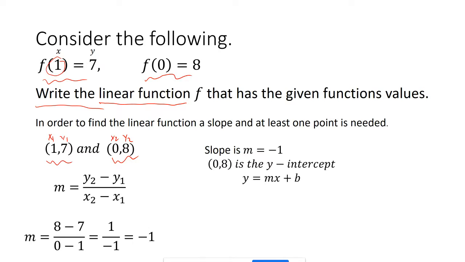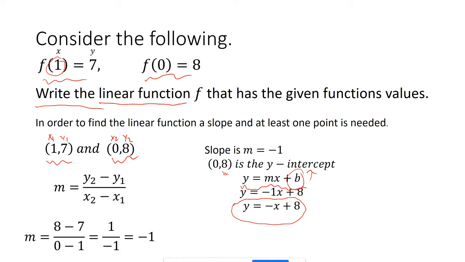And the reason is we can use our y-intercept form of a line. And remember that the m stands for slope and the b stands for y-intercept. So I can just plug those values in. My slope we found to be -1, and then b is going to be our 8.